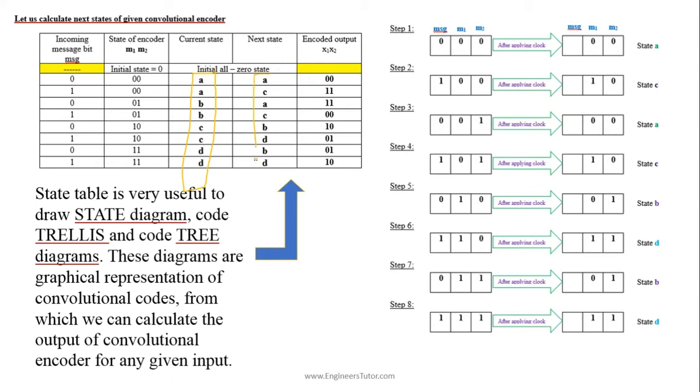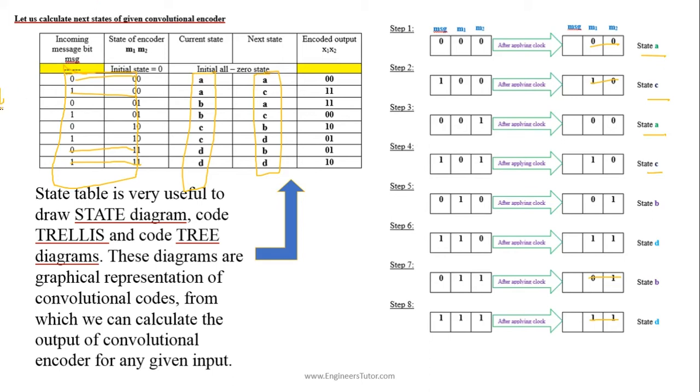So this will be the next state: A C, A C, B D, B D. You can remember that the next state of the encoder will be the combination of the first two columns. This is 0 0, this is 0 0, 1 0, this will be 1 0. Similarly 0 1, 0 1 and the final will be 1 1. This way we will find the state table from the given convolutional encoder diagram.